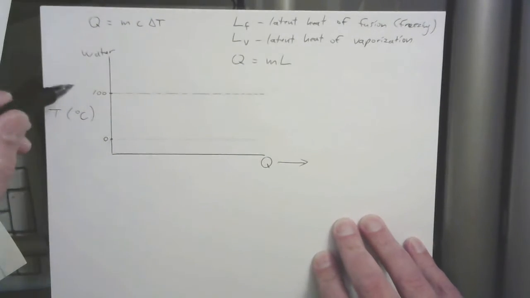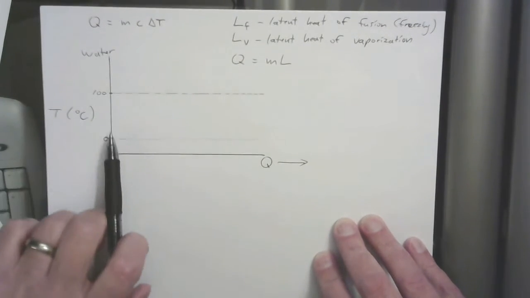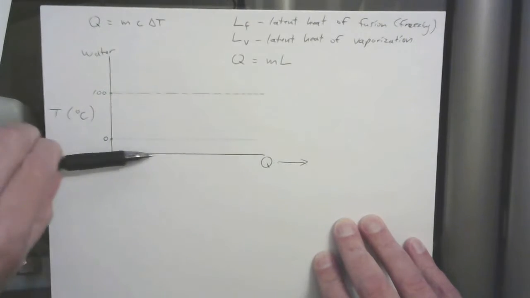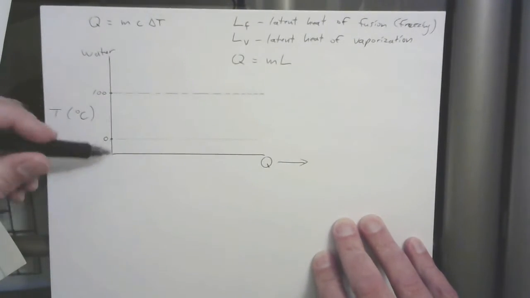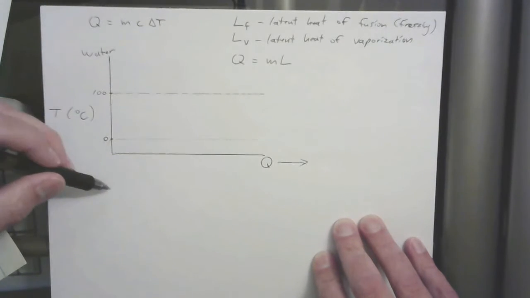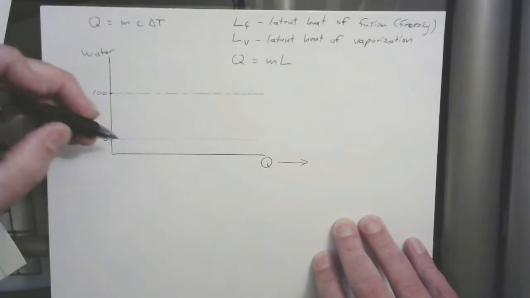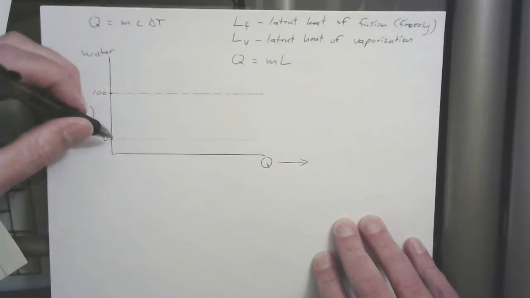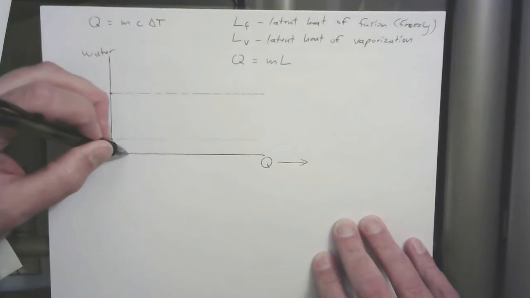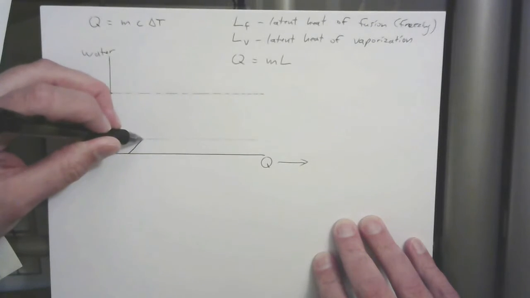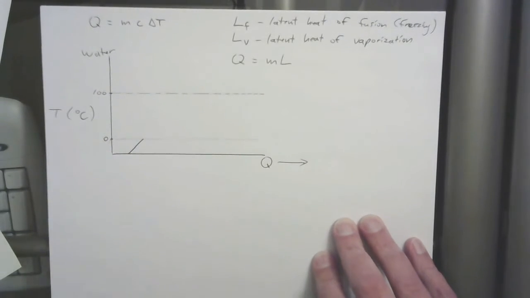Let's suppose you're looking at water. So here's a graph for water with temperature on the y-axis and heat added in some schematic fashion over here. And suppose you had ice, and that would be below 0 Celsius. And as you add heat, you also raise temperature. So from somewhere off the graph, the line would come up at some slant like that.